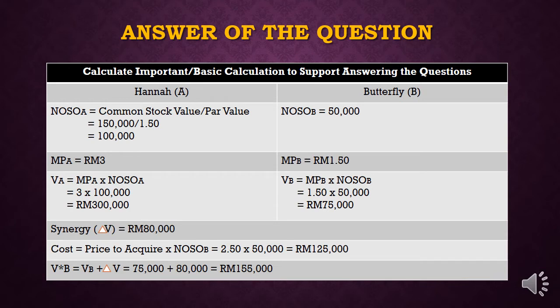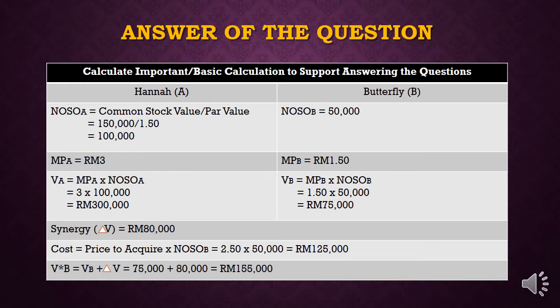To answer all of the questions, at first it is important for you to calculate the basic calculation that you will use to support your answer. You can calculate the basic calculation for Hana Company and also Butterfly Company.